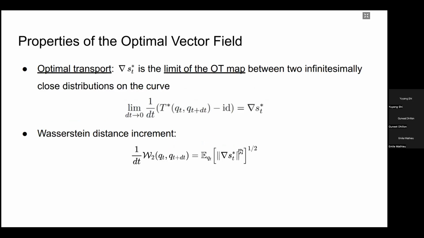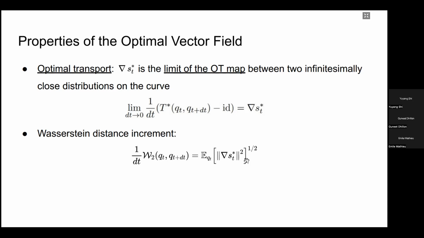To formalize that into optimal transport, this grad of s_t star at time t is the limit of the OT map between two very close distributions on the curve.